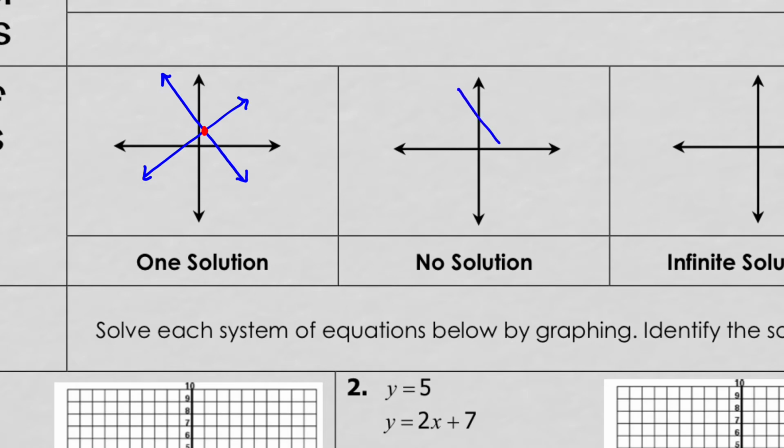We're going to have a line that goes across at one point, and then at another point, we're going to have another line going across, and it's going to have the exact same slope. Okay? So one solution has one intersection. One intersection.